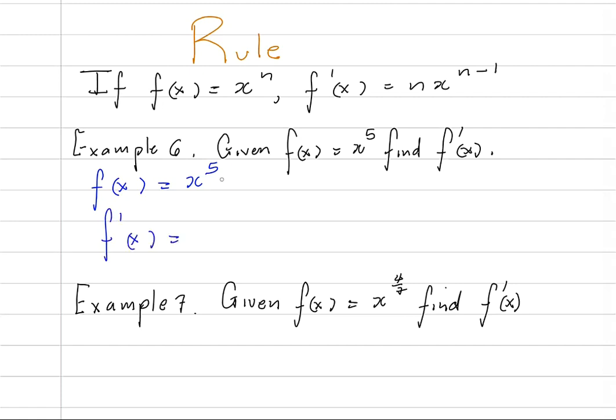So remember, the power comes to the front, so we have 5x, and the power decreases by 1. So it moves from 5 to 4. That's simple. All right, from the rule, if you have a function of the form f of x is equal to x to the n, when you differentiate it, the power comes to the front and the power decreases by what? 1.